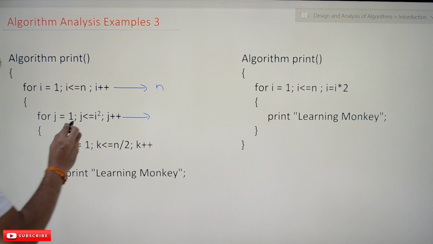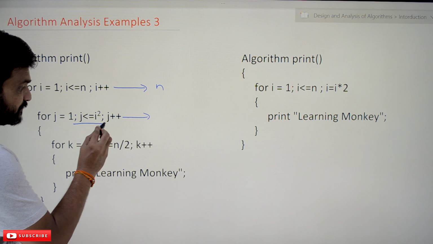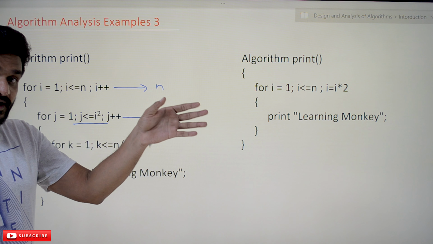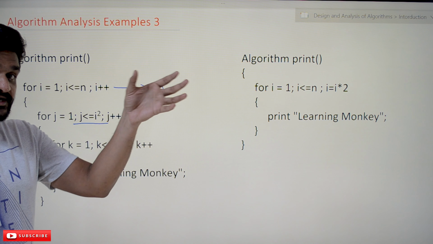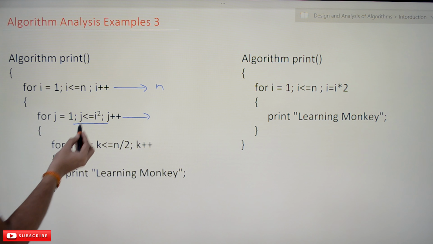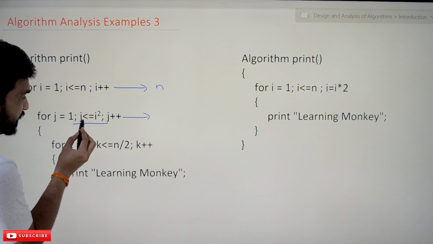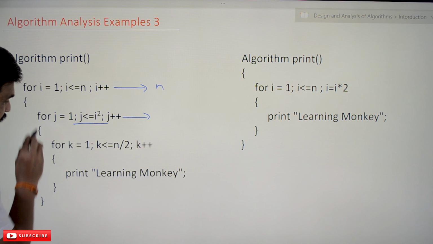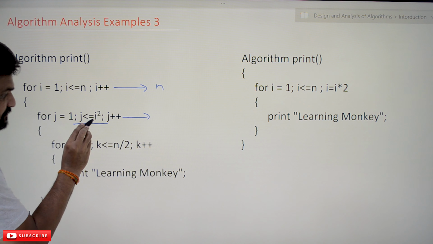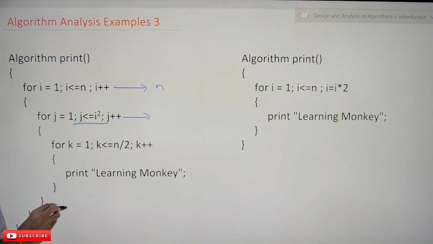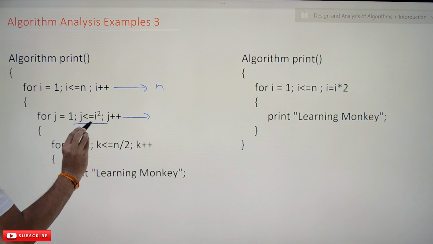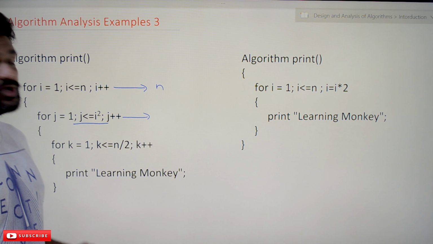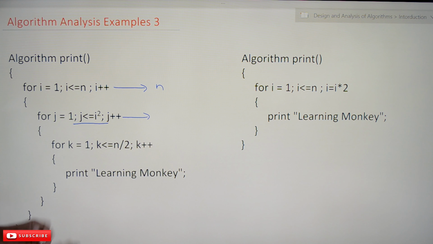This is a very important point to understand, because by these dependencies only can you exactly analyze the algorithms. Here the value of j is dependent on the value of i square. So how many times this loop has to be iterated is dependent upon the value of i square. Make a note of this point. We will try to analyze this step by step, breaking it down into small pieces.